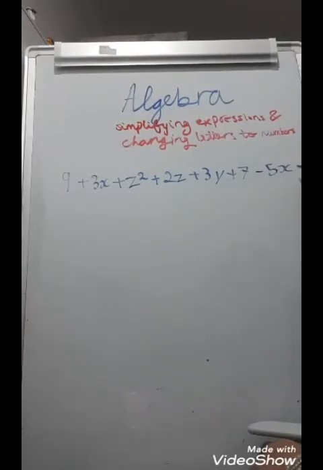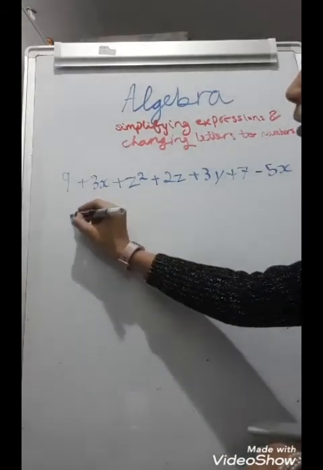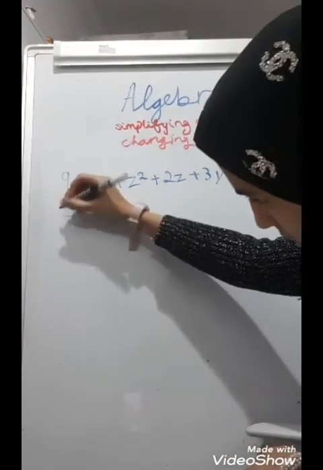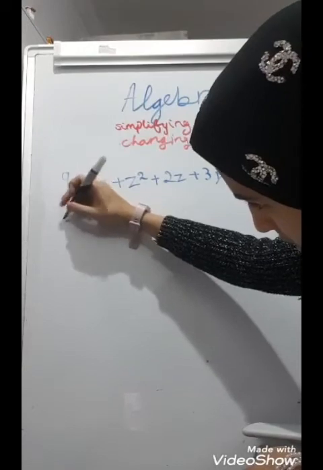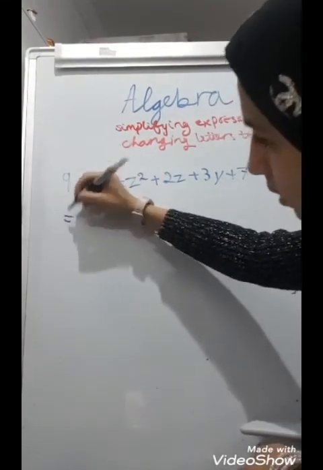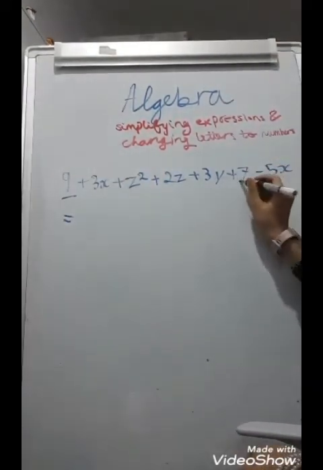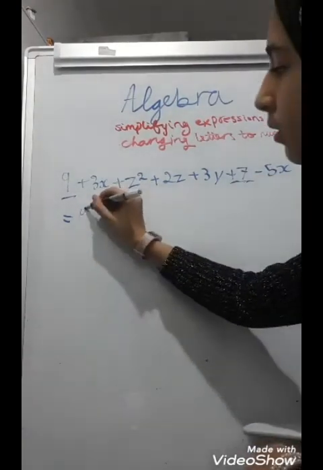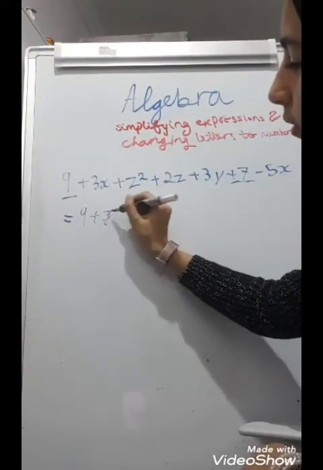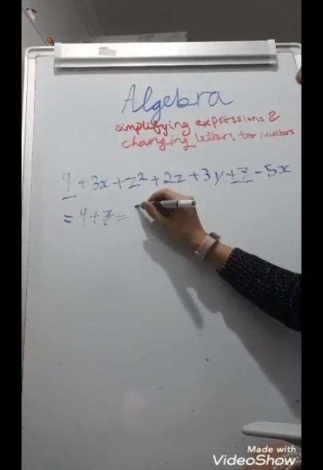Okay, equals. Now that really equals, I'm going to get the number terms. So it's 9 plus 7, and that equals 16.